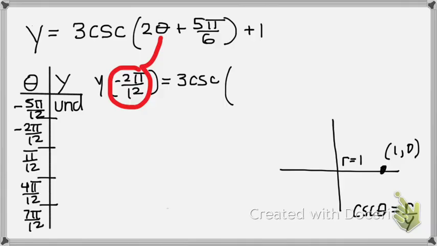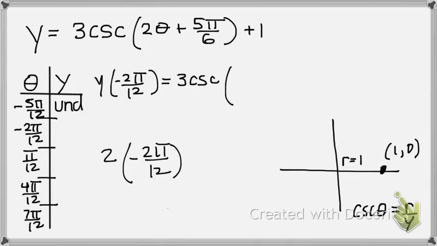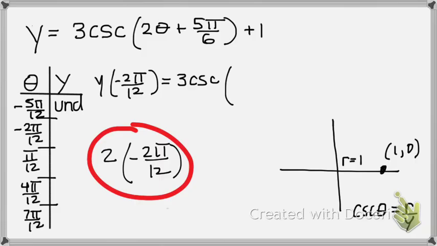All right, so it's going to be 2 times negative pi over 3. But let's do the 6. All right, so yeah, 2 times negative 2 pi over 12, and that is what is going to go in right there.